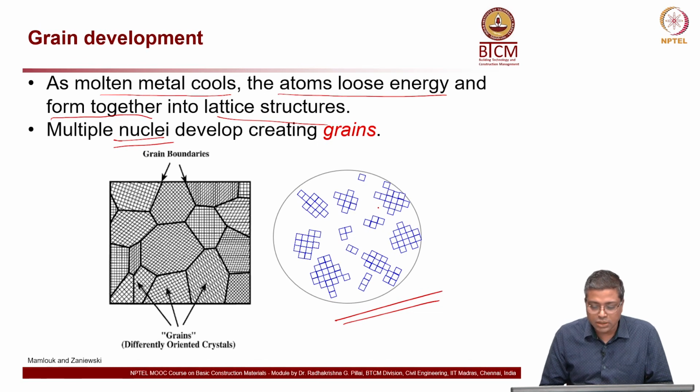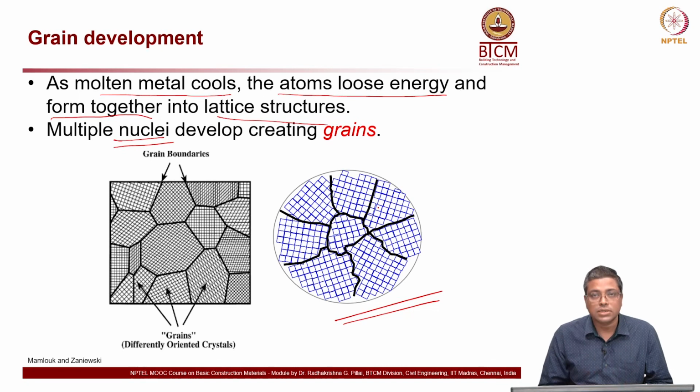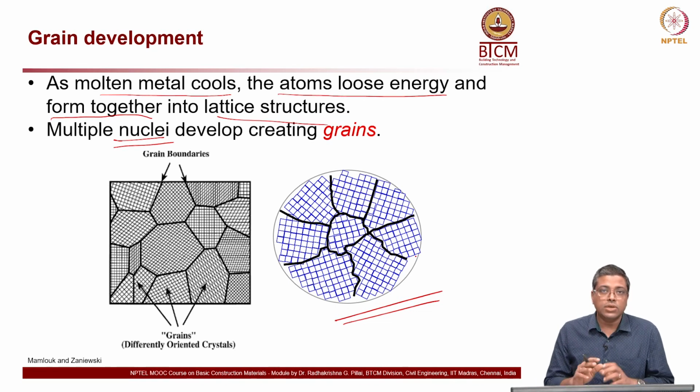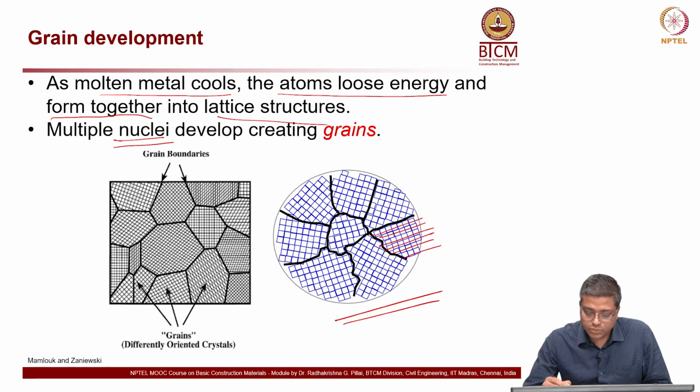Okay, so the crystals are growing, and then suddenly they start hitting each other, and then the entire space is filled. Now, along the black line, you can see that they are not in the same alignment. For example, here these are aligned in this way, whereas these are aligned in this way.